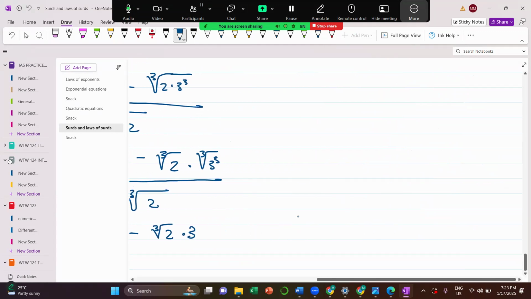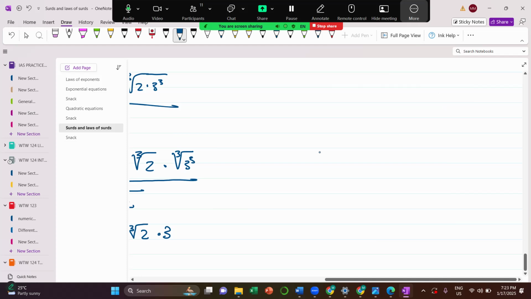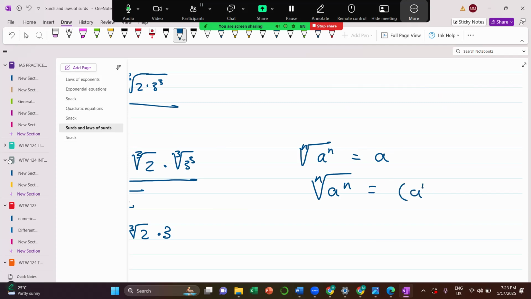Because remember, yesterday I told you there's this law: if I have a to the exponent of n, and then I have the nth root of it, this is just equal to a. I gave you this law yesterday because, check, if I have a to the exponent of n, the root of it is just equal to a to the exponent of n, all to the exponent of 1 over n. And n times 1 over n is just going to be 1.